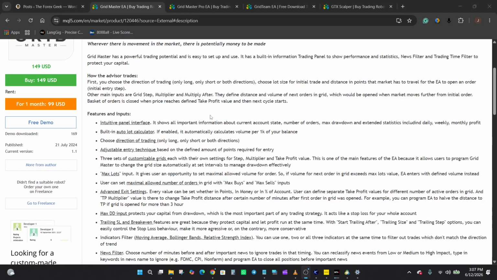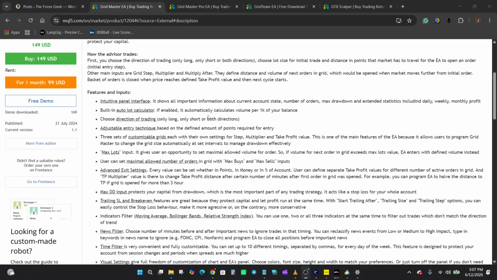Having this information available directly on the chart can make monitoring much more convenient. The EA also includes an automatic lot calculator that can calculate position size based on account balance. Users can choose whether the system trades only long positions, only short positions, or both directions.